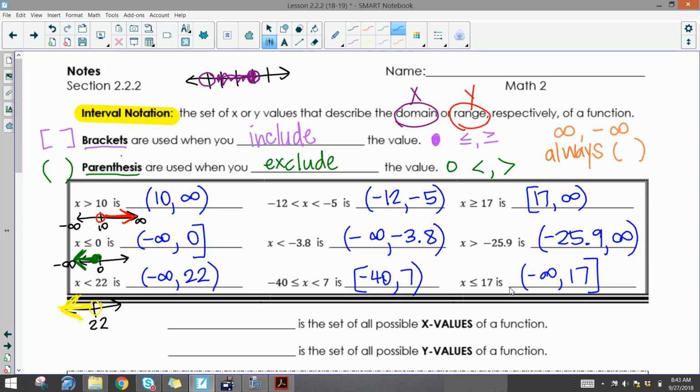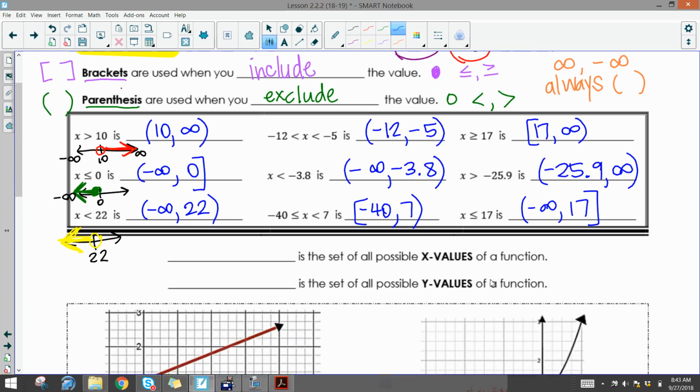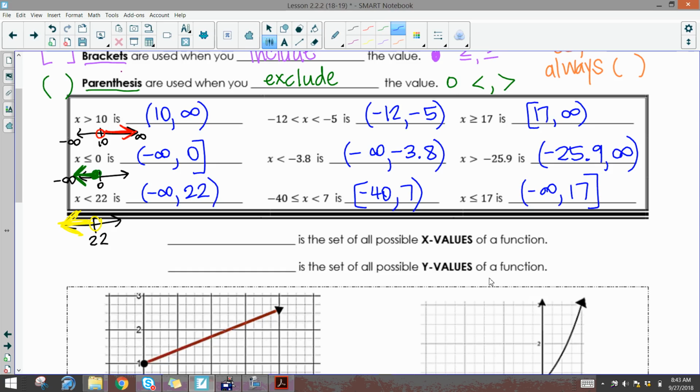Okay. So we're going to practice that a little bit more today. And then down here, we're just going to reiterate kind of what we started talking about in the beginning of the video. Your domain is all of your x values, and your range is all of your y values.